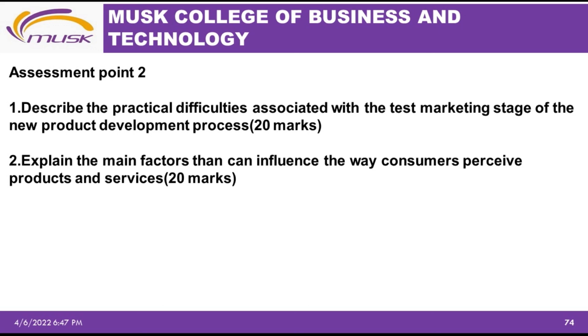And the second one, explain the main factors that can influence the way consumers perceive products and services. So discuss and carry out those particular tasks, and they will also assist you to reflect on the course and how you have been able to understand it.